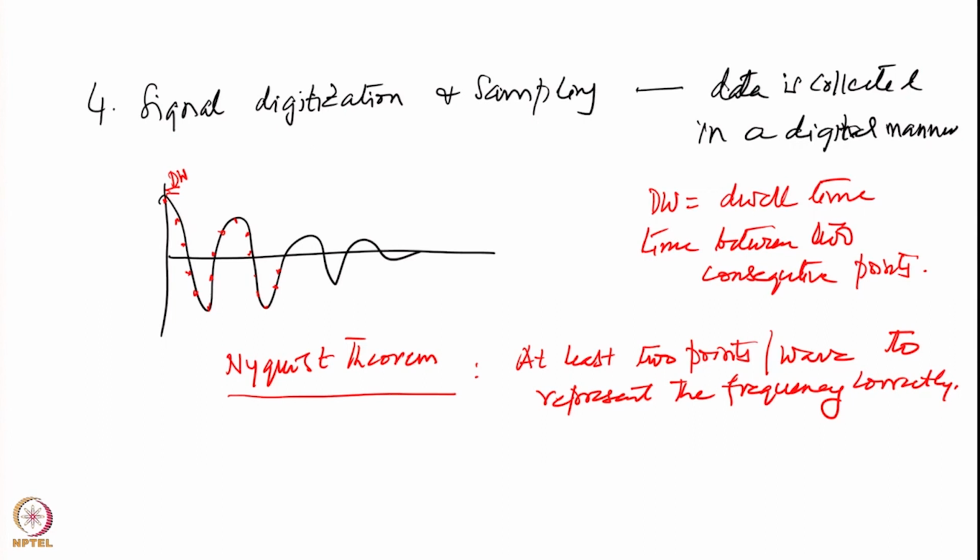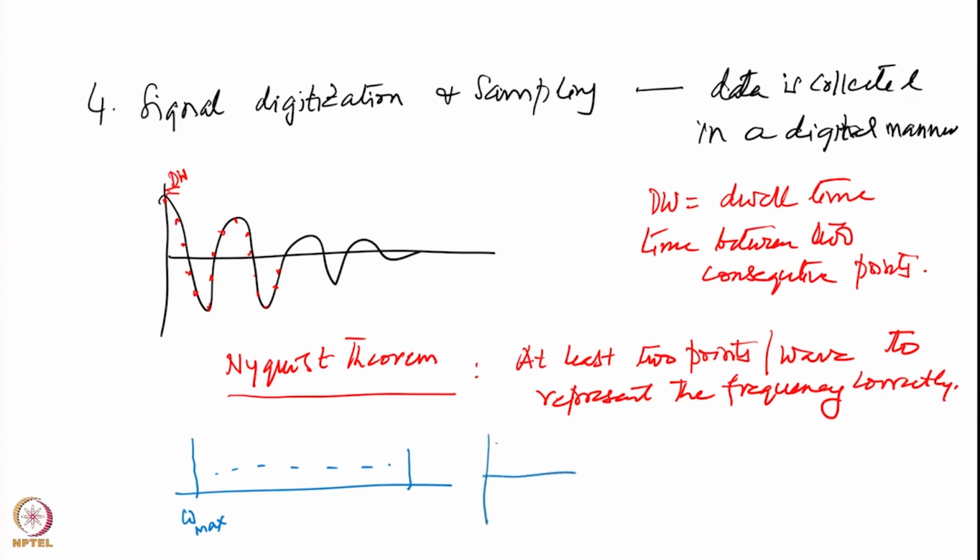So if I have a large number of frequencies in my spectrum, I have my carrier here, let us say, and I have this largest frequency here, omega max. I have various other frequencies in between. So I adjust my sampling so that I have at least 2 points for the omega max.